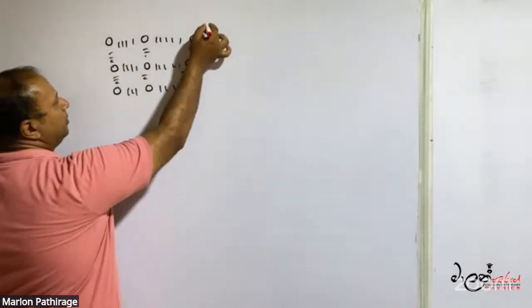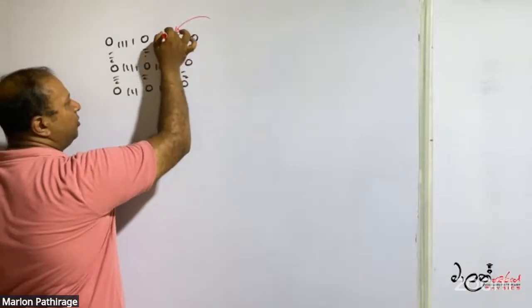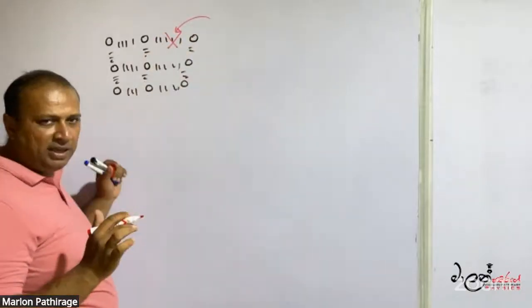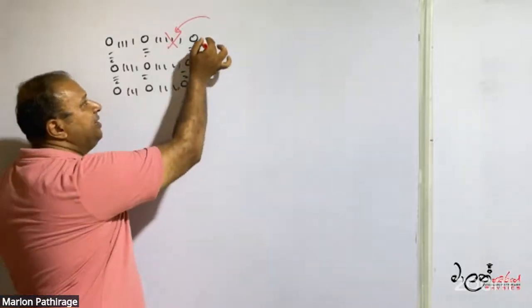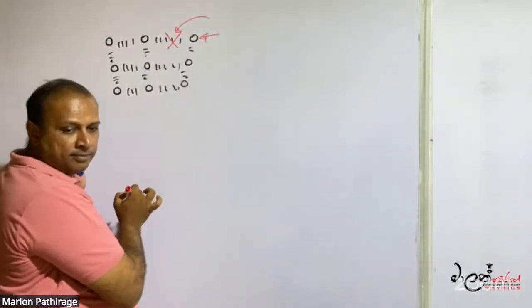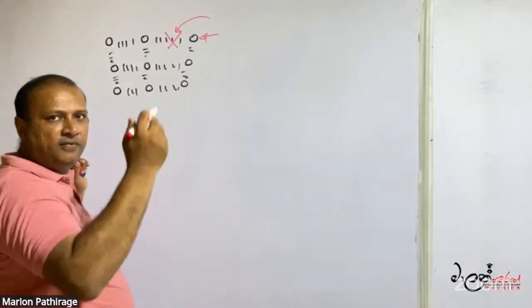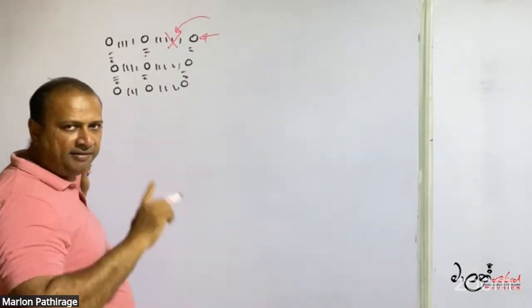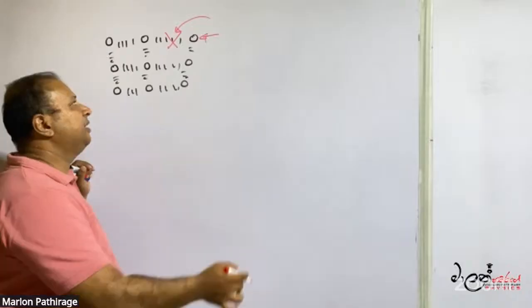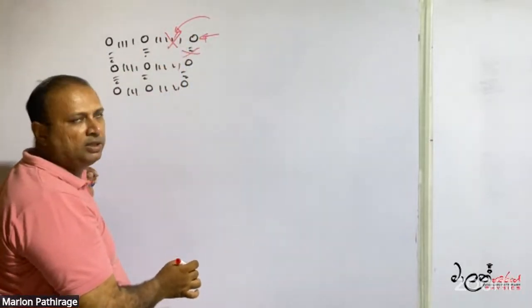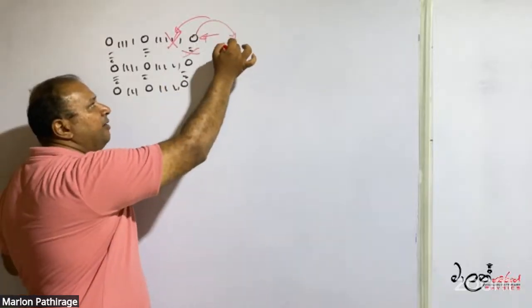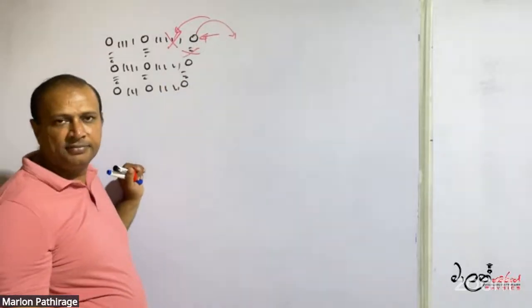If you want to break this bond, you have to increase the kinetic energy of that particle. By increasing the kinetic energy of the particle, you can break those bonds, and then you can release this atom.